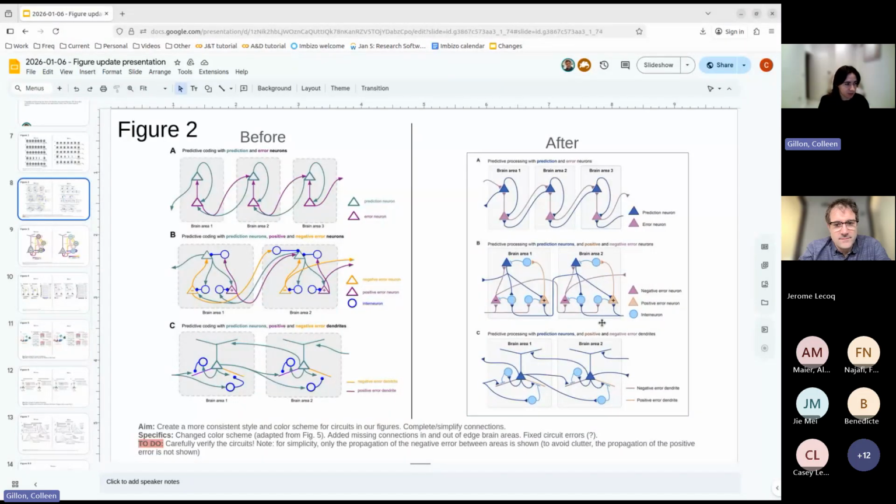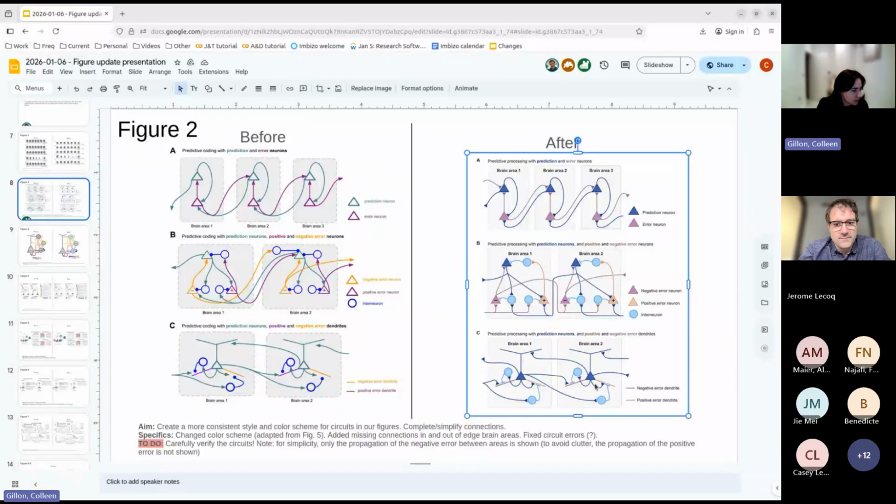And then you can see just minor stylistic changes. We changed the ends to be upside down triangles for excitatory and flat ends for inhibitory. That was the convention that was going to require the least changes across figures while keeping them consistent.